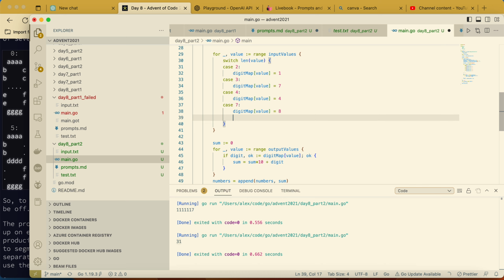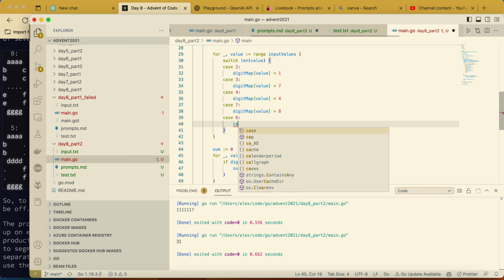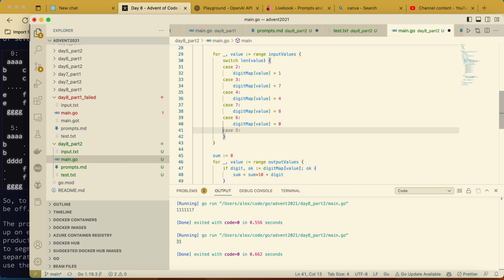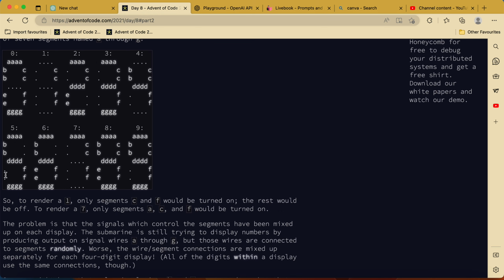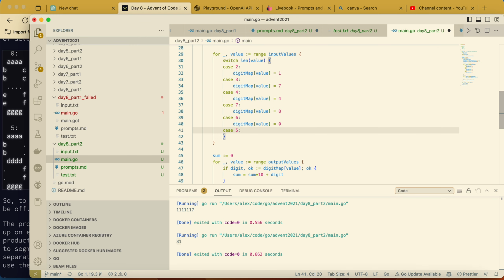Let me add here. We have nothing for the case with length 6, and we have even worse digits for the case with 5, which should be 3, 4, 5. And 0, 6, 9. Okay, perfect.